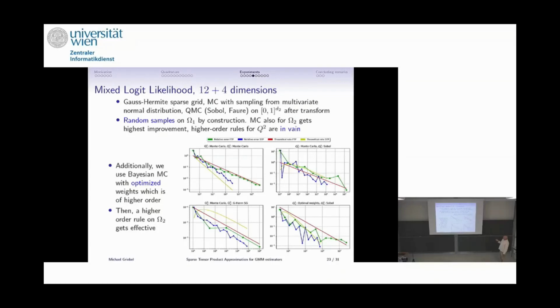But if we replace, for example, for the inner integral, Monte Carlo by a Sobol quadrature, we don't gain anything. Does not work. Same here, Gauss-Hermite for the inner integral should work fine, does, but the combination does not give you any gain. They behave like the same.